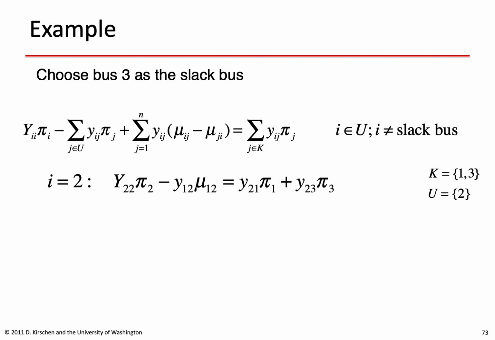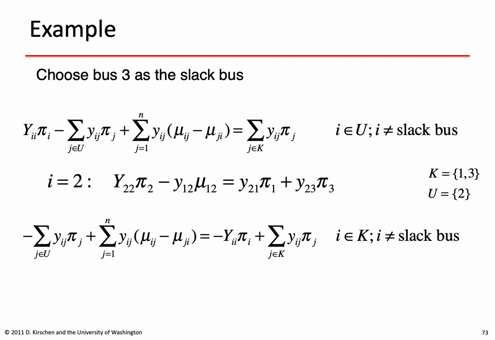And then we have another equation that we can write for bus 1, but bus 1 belongs to the set of buses where the price is known. So this is the equation that we get for bus 1. So on the left-hand side of these two equations, we have pi 2 and mu 1,2, which are the unknown variables. And on the right-hand side, we have pi 1 and pi 3, which are the known prices.